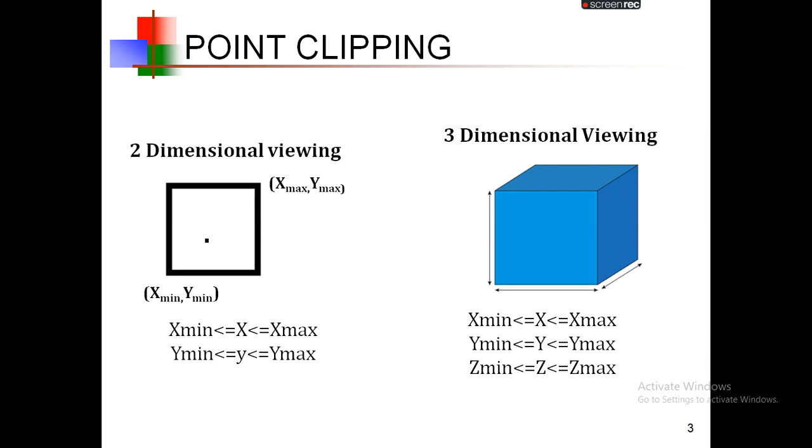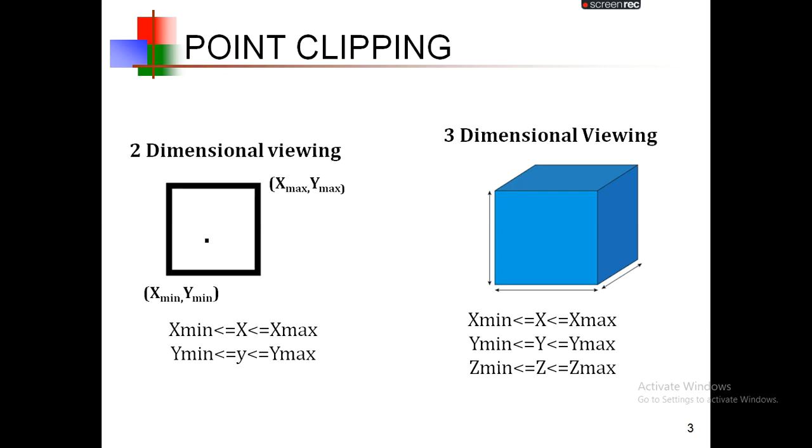Whenever we want to use the clipping concept in our OpenGL program, we need to define one rectangular window. That rectangular or square window represents the clipping window. Any part of the object within the clipping window is visible, or displayed on the screen of the monitor.